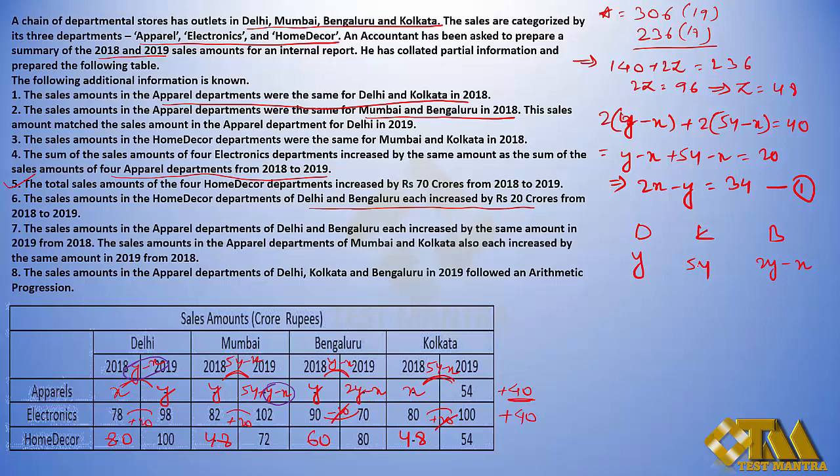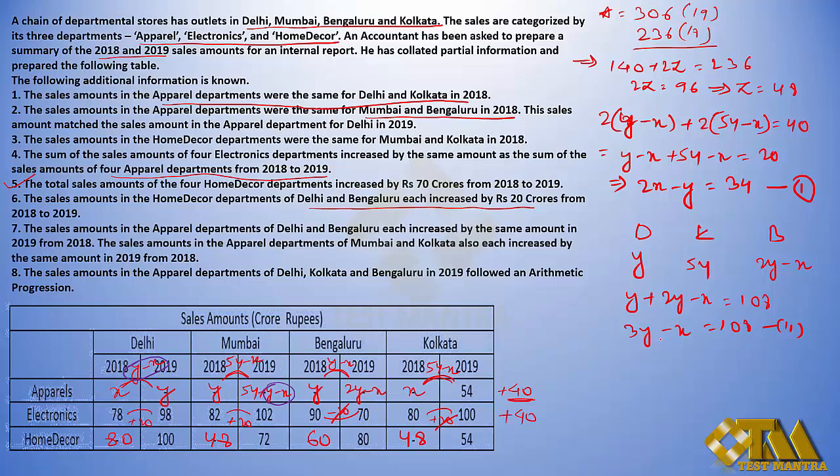So here Kolkata is the mean. Can I say y plus 2y minus x has to be 108 here, or else 3y minus x is equal to 108. So I have two simultaneous equations available. The equations are 2x minus y is equal to 34 and 3y minus x is equal to 108.